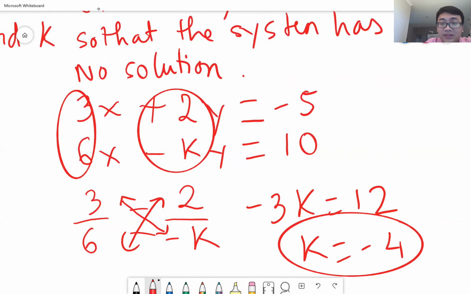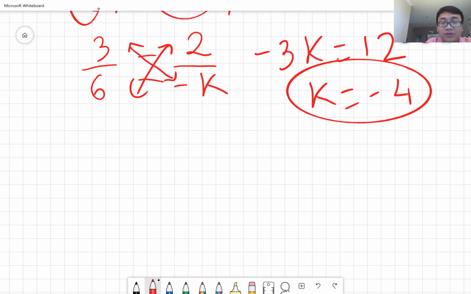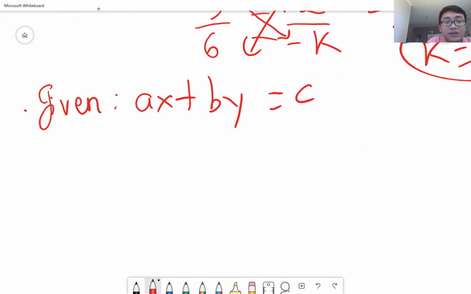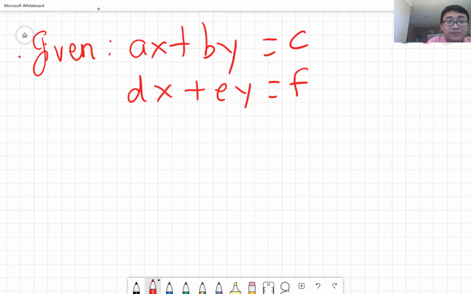So that's the method. Now let me give you a generalized case, all the cases. So let's take some notes. If given ax plus by equals c and dx plus ey equals f, we have 3 cases.